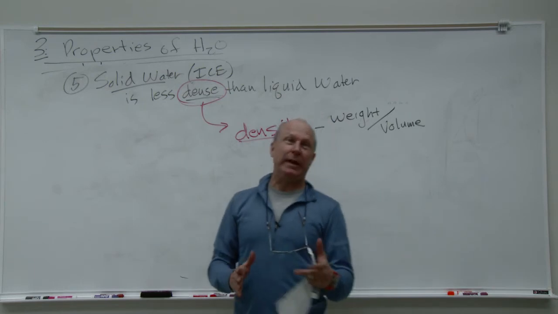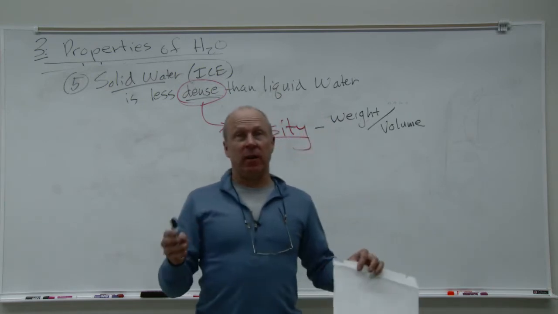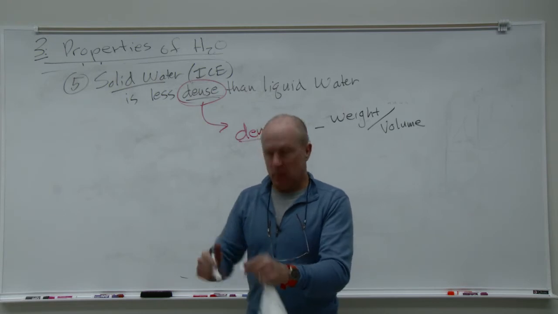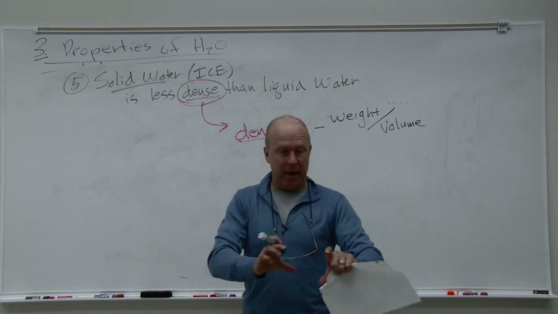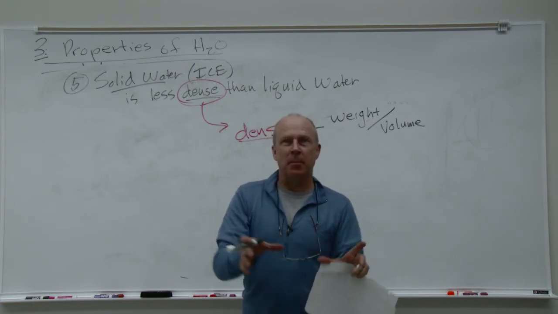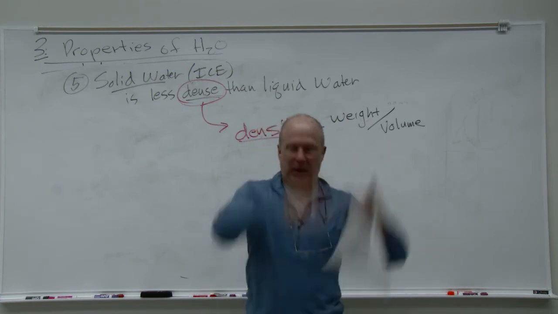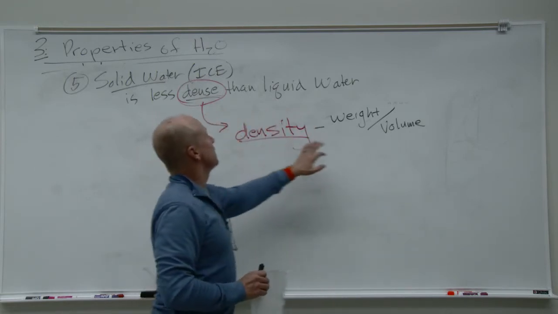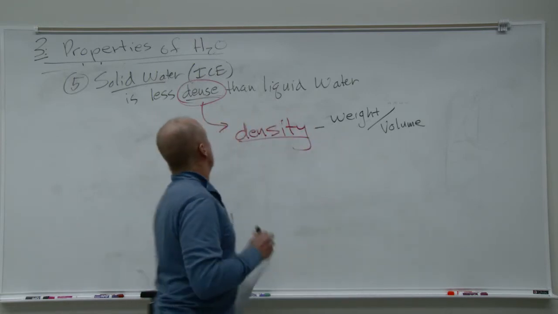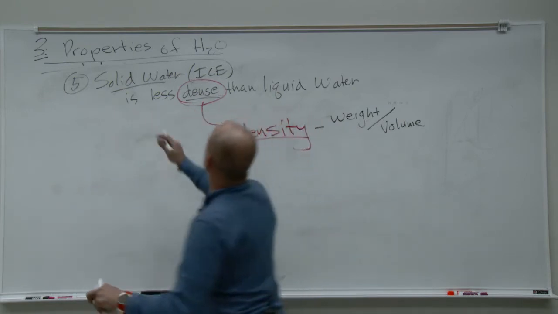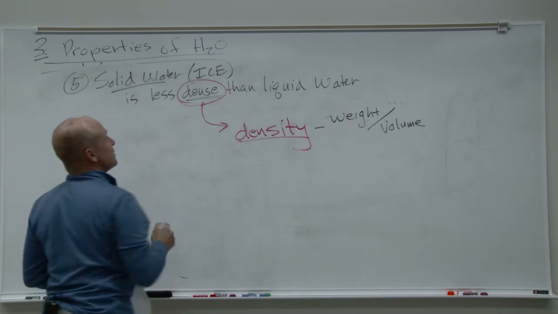It's really, really heavy. So not everything is of equal density, because if I had the same sized beaker as this mercury beaker and had it 1/3 full of water, I mean, it's completely different. I mean, pick that up super easy, one hand, no problem, you know? So density is a concept of weight per volume. And what we're going to talk about in this property is that solid water is less dense than liquid water.